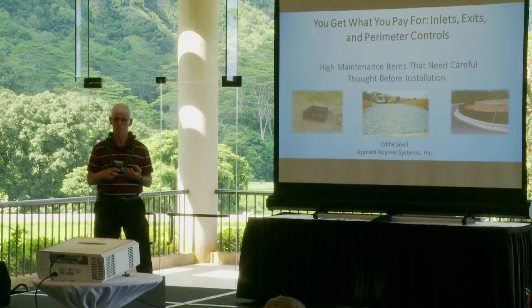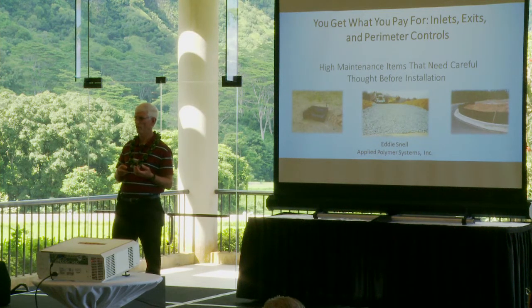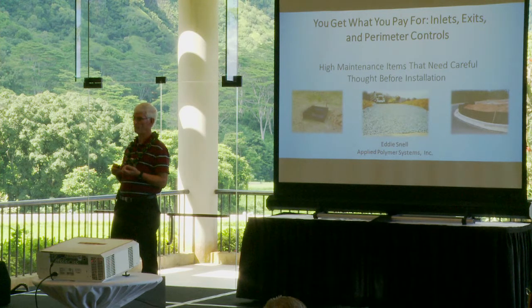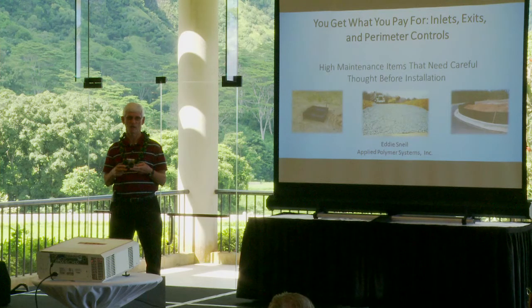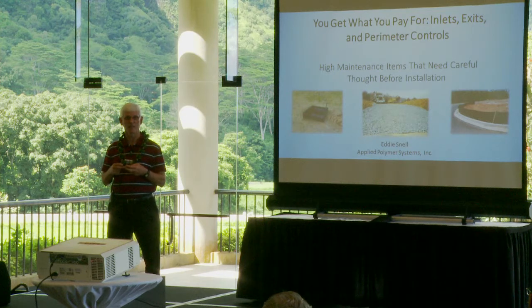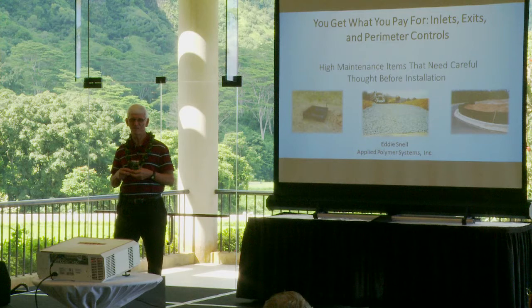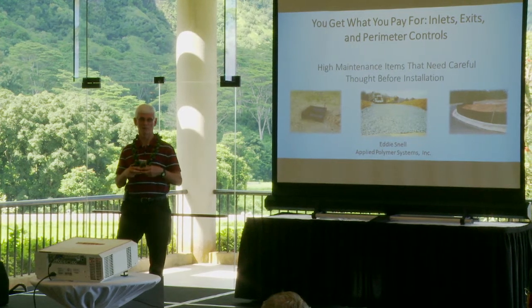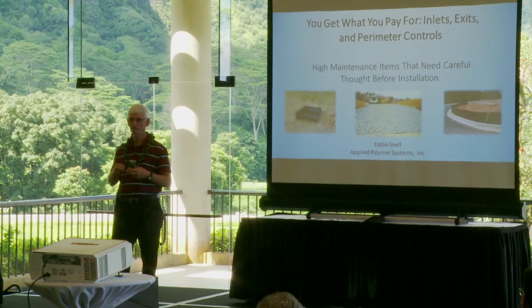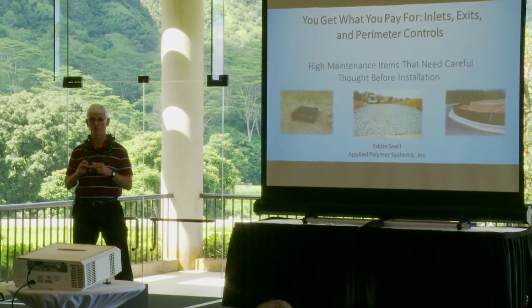Some of them are, some of them are not, and whether or not you're getting good performance based on your inspections. If your inspections are showing you a failure every time you hit a rain event above a certain amount on that particular item consistently, then that is not a good BMP for your project, and you're not really saving anything. You're just building up a lot of maintenance issues, which could lead to compliance issues, and that's what you want to avoid.